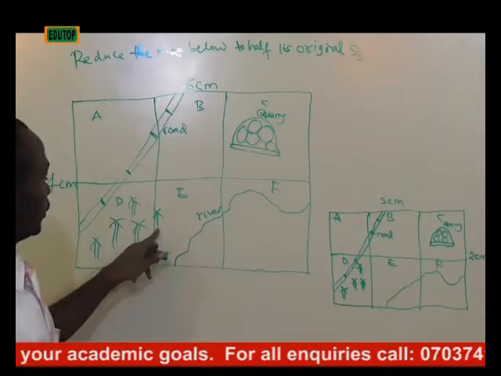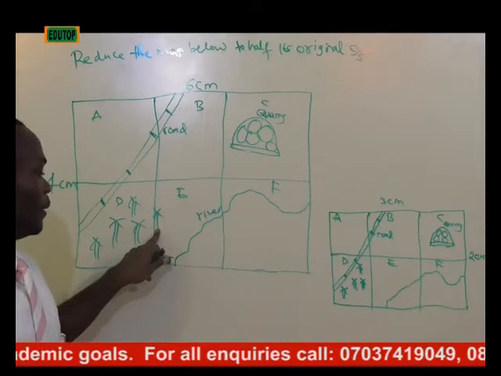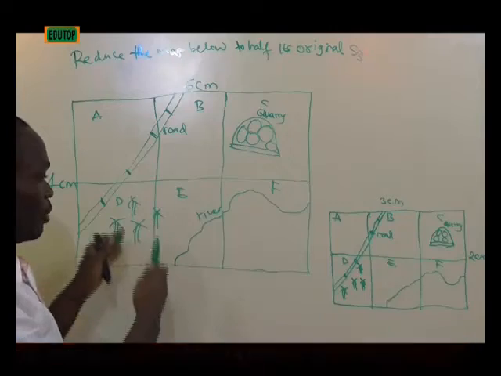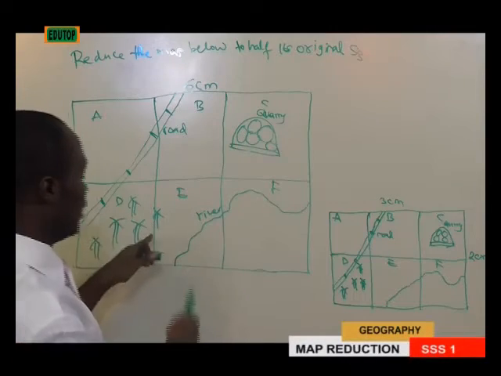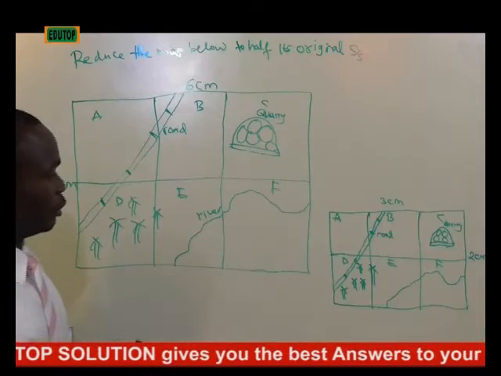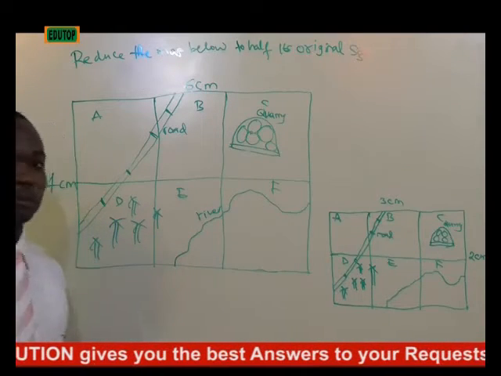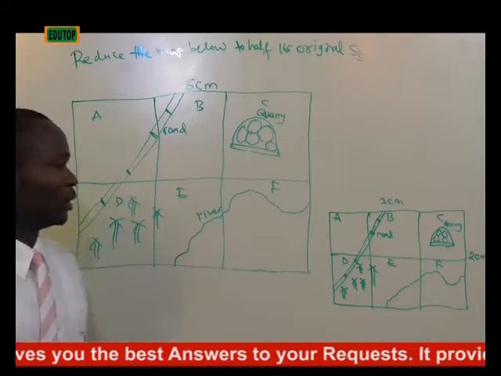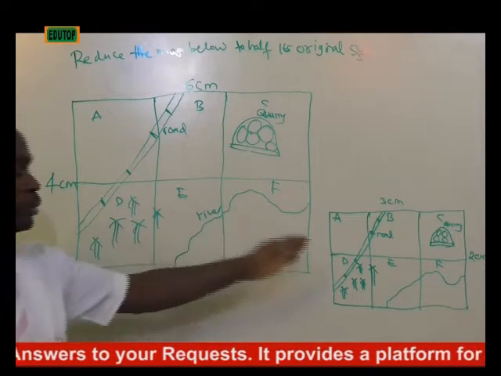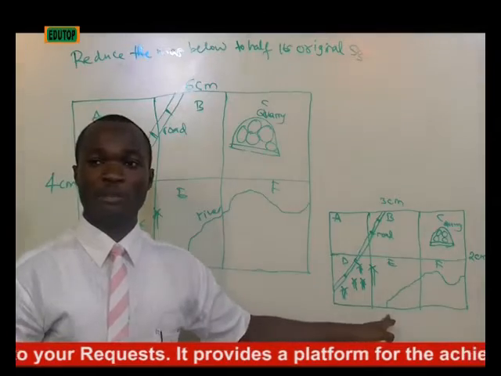Take note of this particular tree that appears almost in between D and F. So you represent it in that same way. By so doing, you have successfully transferred your features from the original or old map to the new map, which has been reduced.